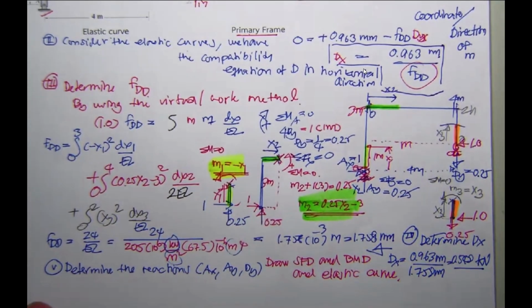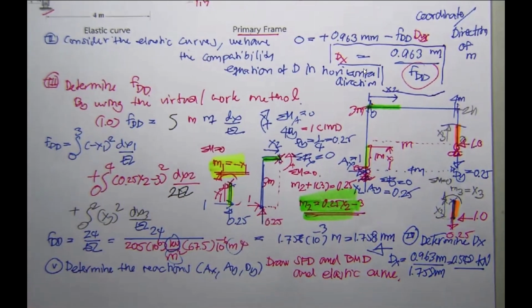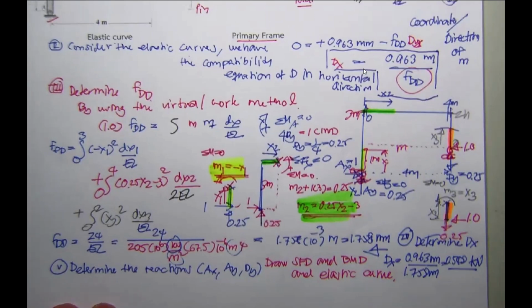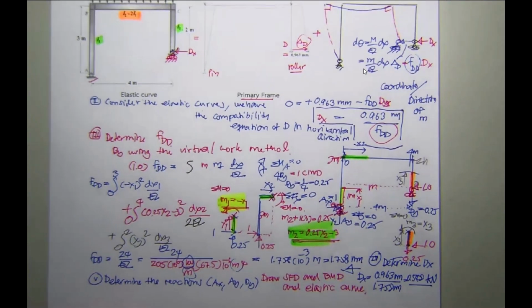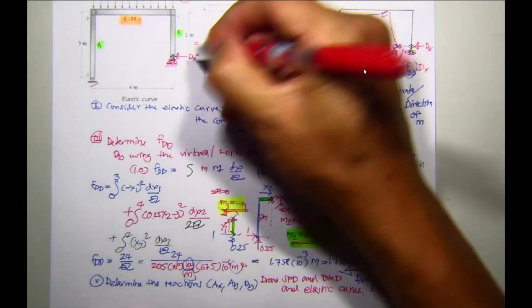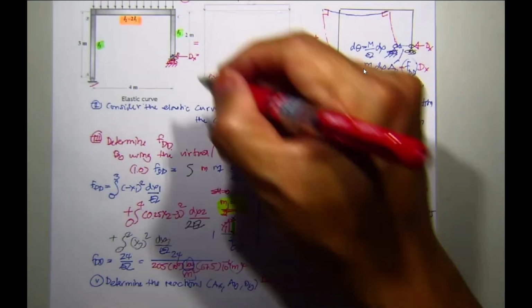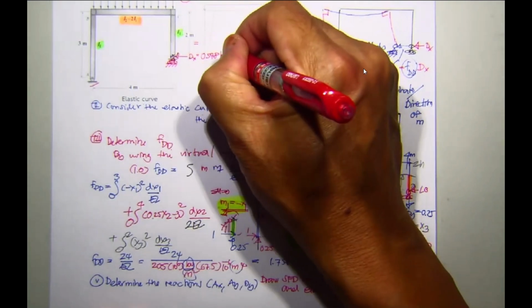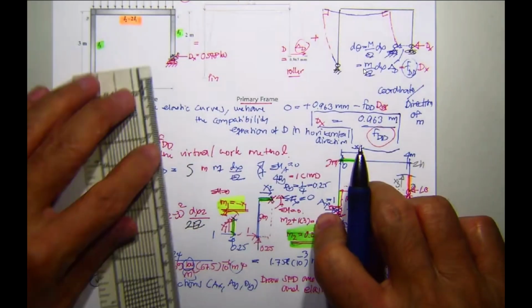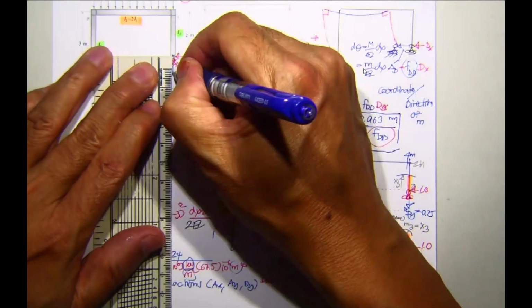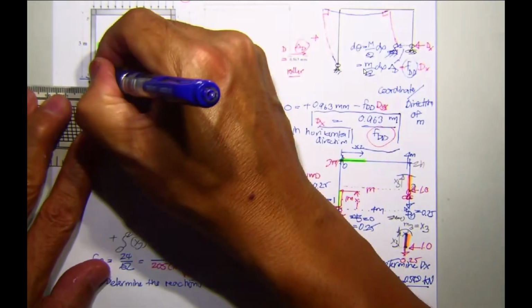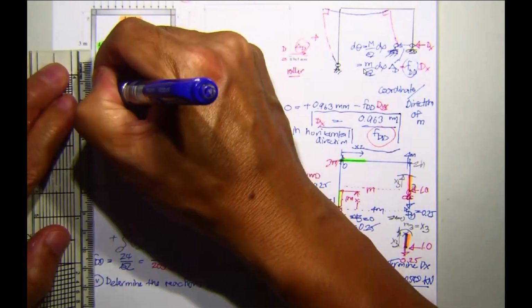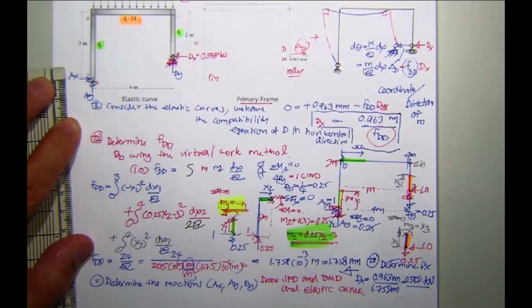Now we determine the reactions. Go back over here, and this is d sub x, 0.548 kilonewton, and then you have this one for d sub y, this one for A sub x, and this one for A sub y.